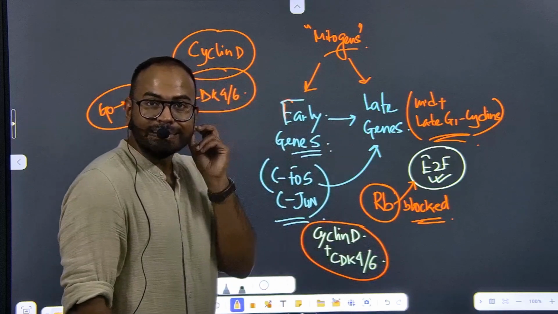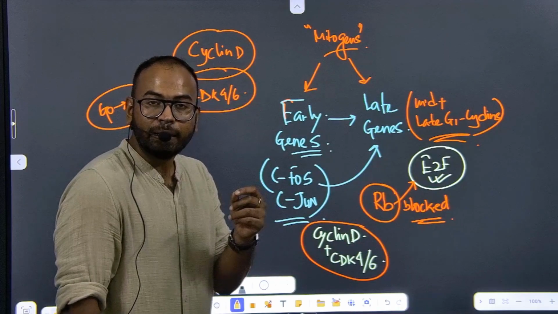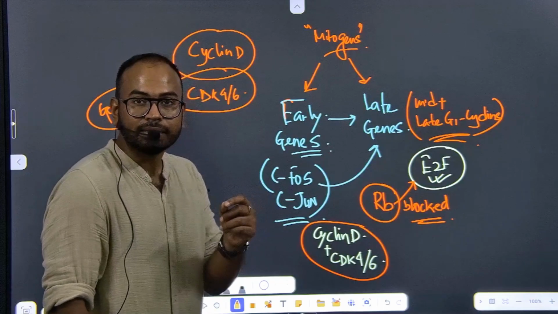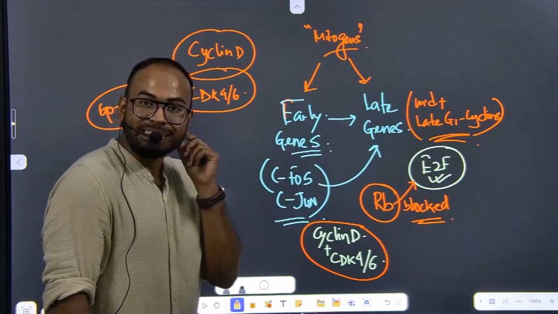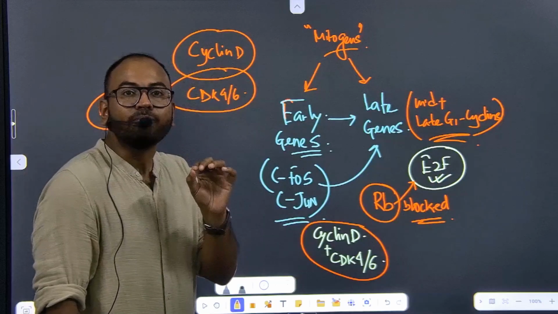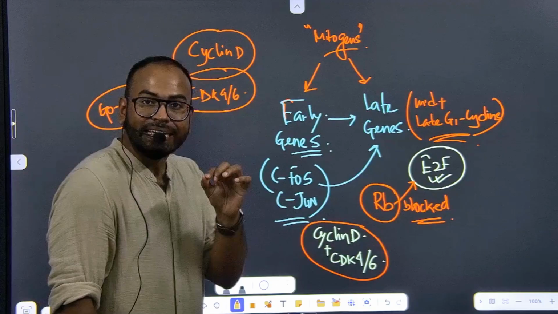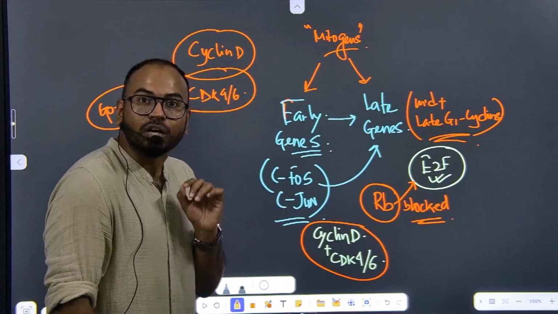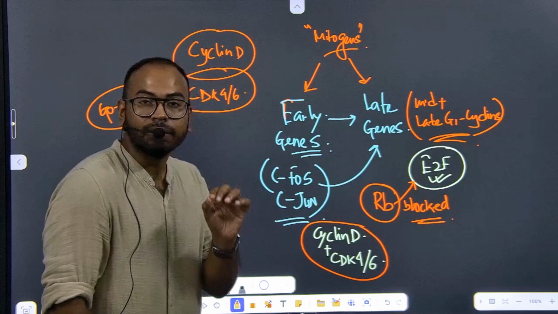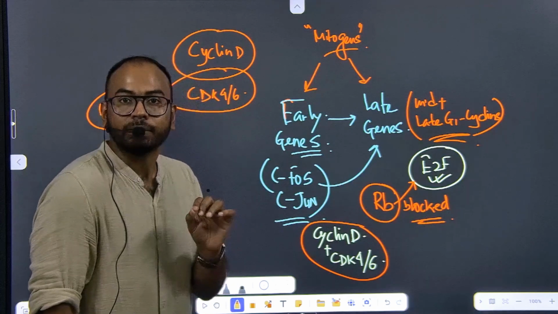When we state that a cell is entering from G0 to G1 by the activity of cyclin D and CDK 4/6, it basically means cyclin D and CDK 4/6 co-association. This co-association is phosphorylating the retinoblastoma protein, RB protein.